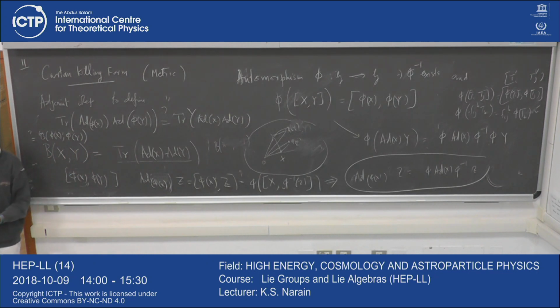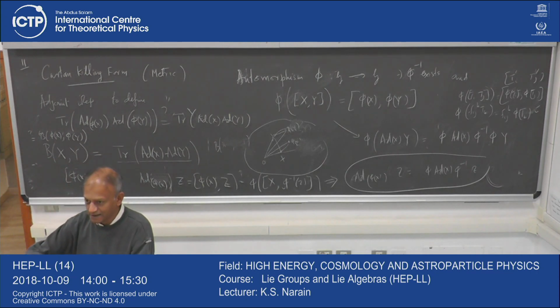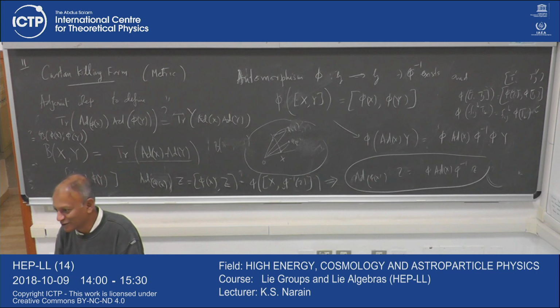You want to preserve all the symmetries of the theory. For example, you have a kind of rotational symmetry, let's say in three-dimensional space or a two-dimensional space. You want to choose a metric which exhibits rotational symmetry. Usually it's the other way around also: you check whether the metric allows rotational symmetry or not. But this is the way it is.